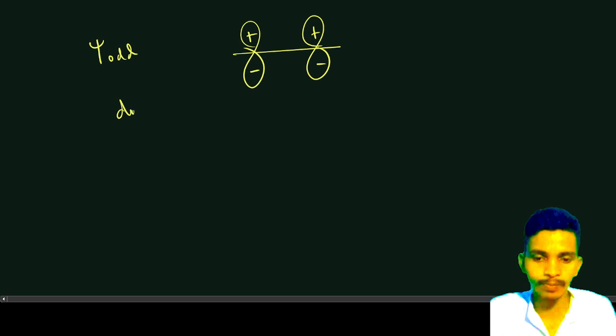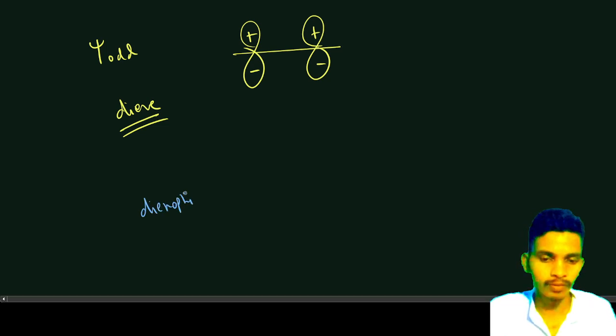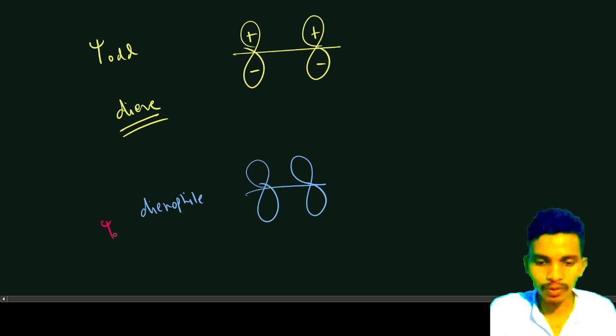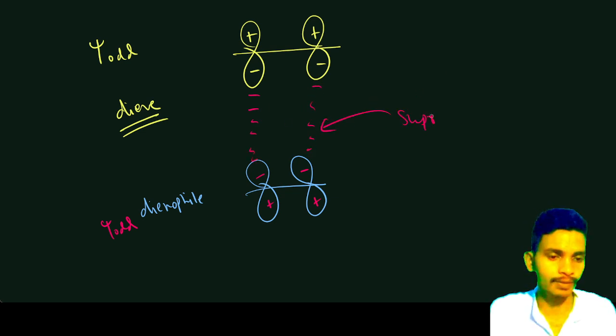This is for the diene, and for the dienophile, if this is also odd, then this will be positive and this will be negative, or we can write this negative, then this positive, then this also negative, and this positive, so that interaction is possible. So this is again suprafacial interaction.